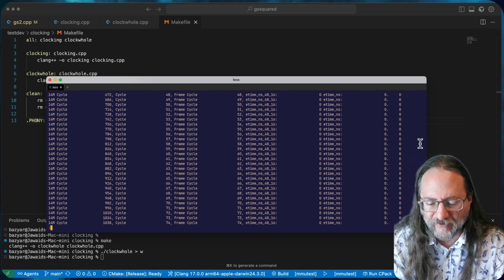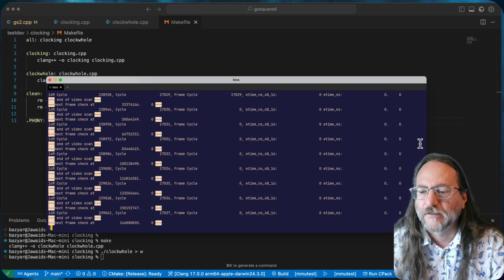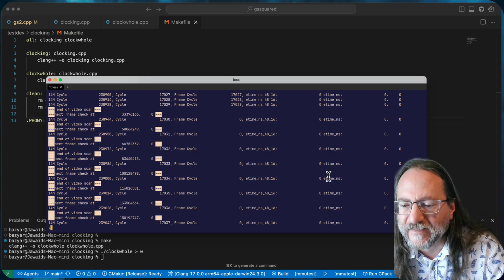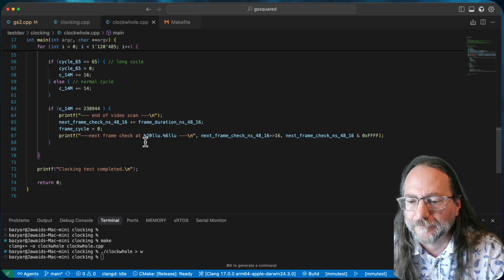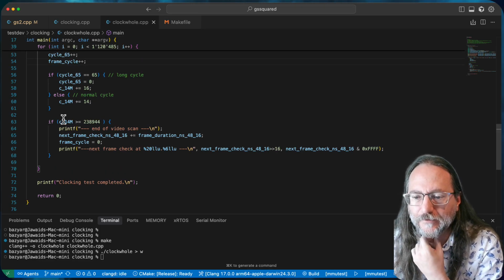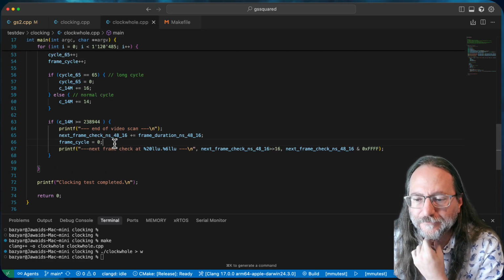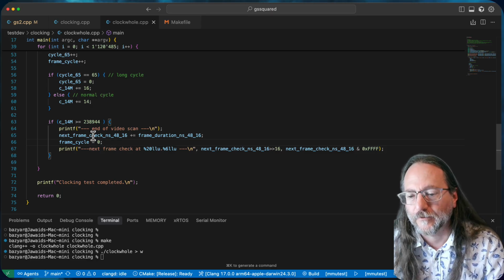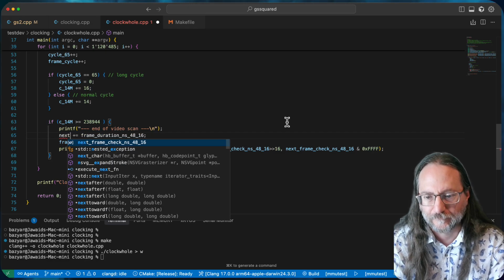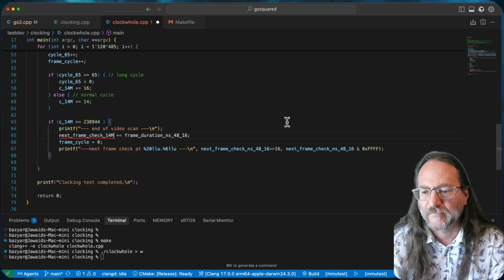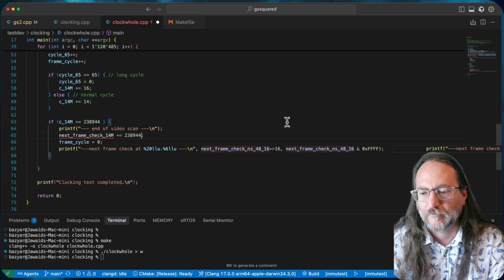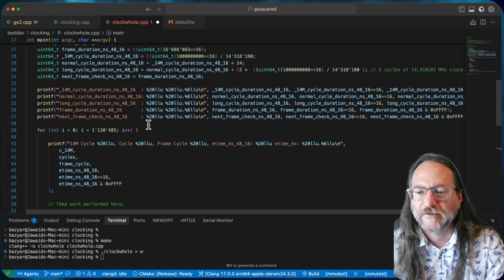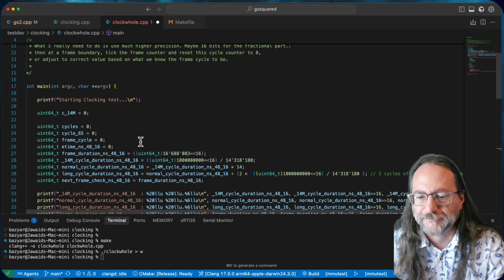So let's go look at the frame. Oh, I'm not resetting something here, am I? All right. See, 14M. Oh, okay. Let's do it like that.